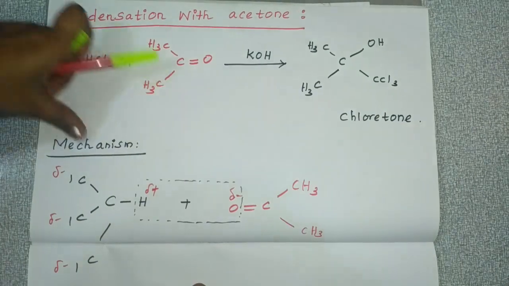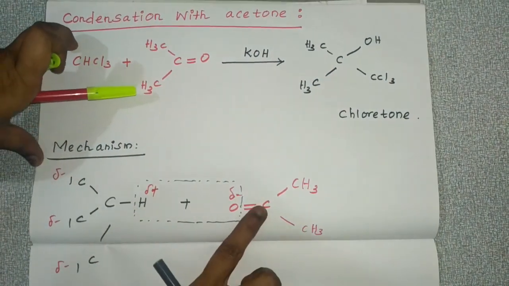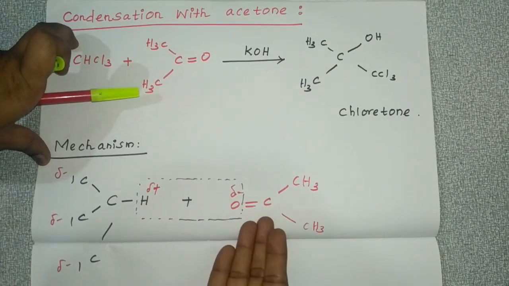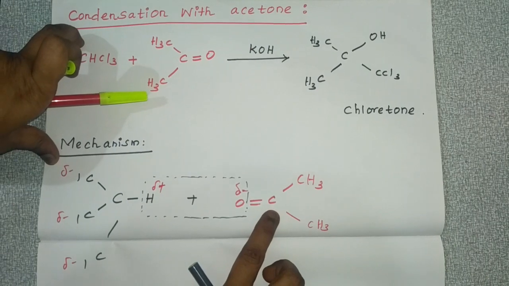So what happens? Chlorine takes the shared pair of electrons towards itself, and what will be the charge of this carbon?